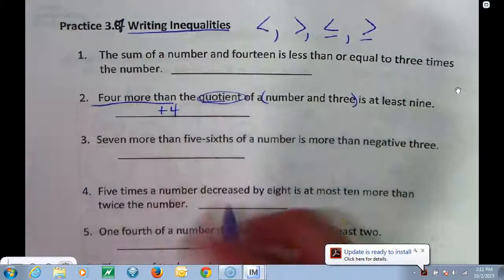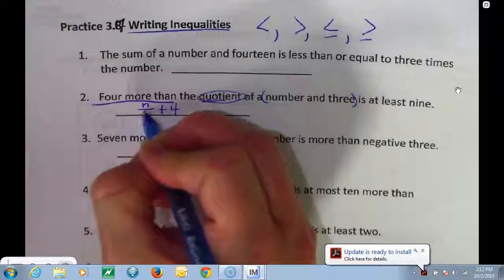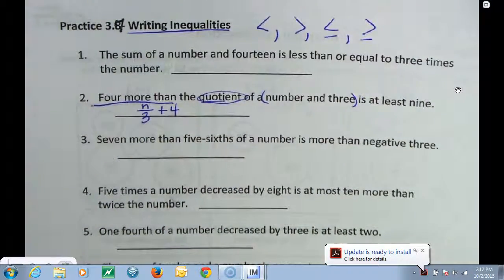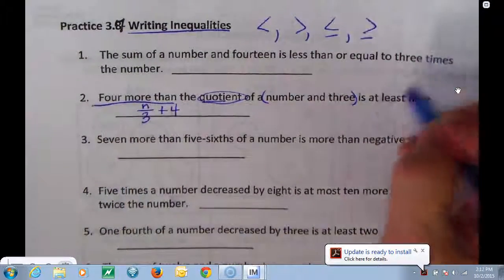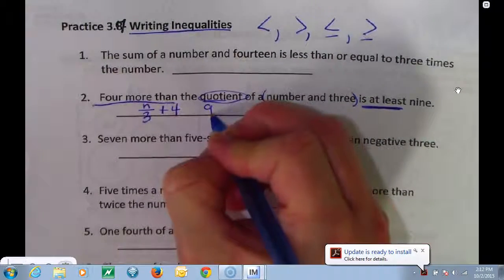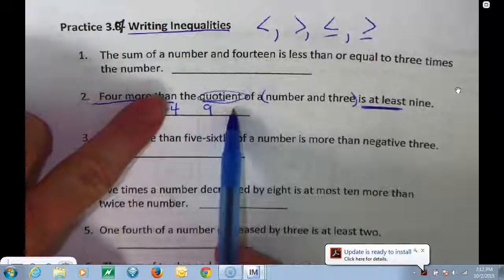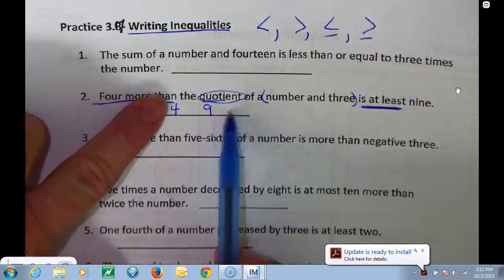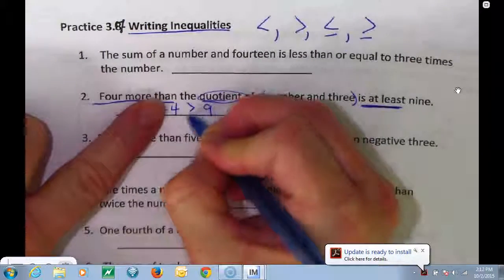What am I going to add 4 to? N divided by 3. And write it that way, please. N over 3 is at least 9. This is at least 9. So that means it's going to be greater than or equal to.